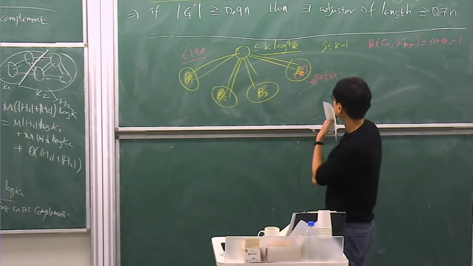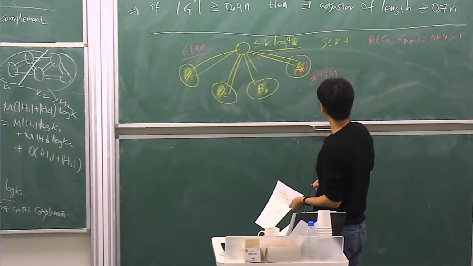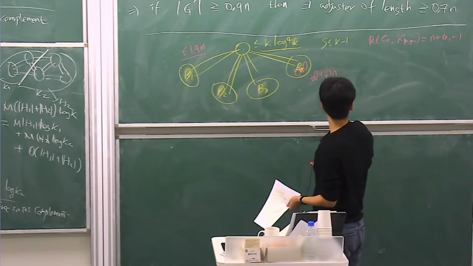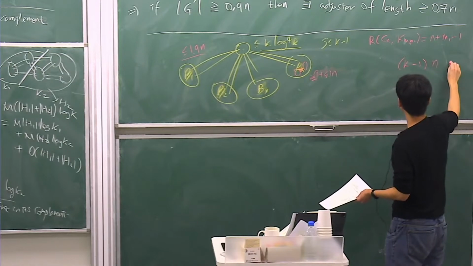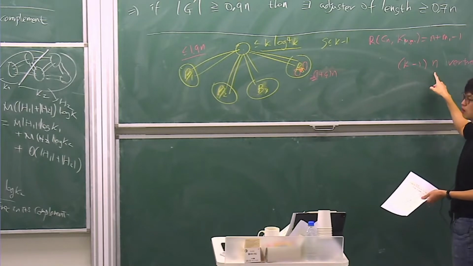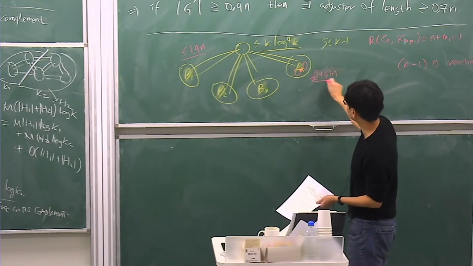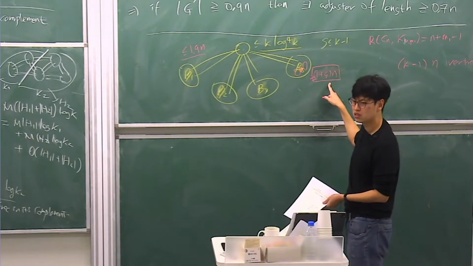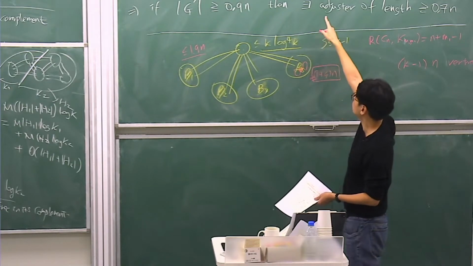So that means that maybe. From there, what we know is that, how do I explain this? The entire graph has k minus 1 n vertices, roughly, plus something. And if there is a part which has more than n vertices, then you can find two parts which can form an H, right?